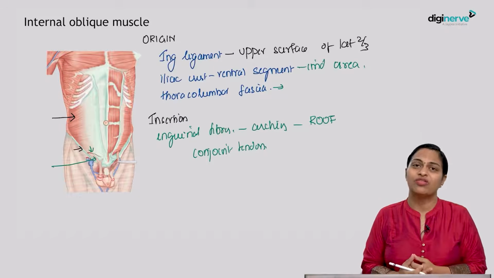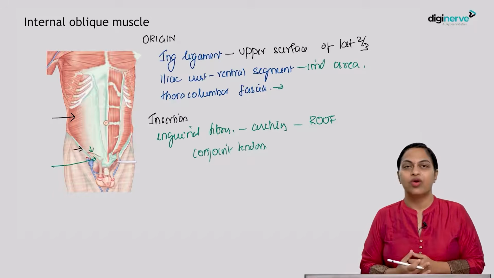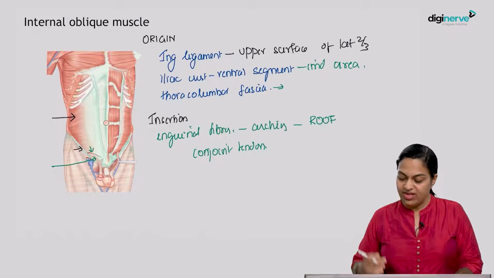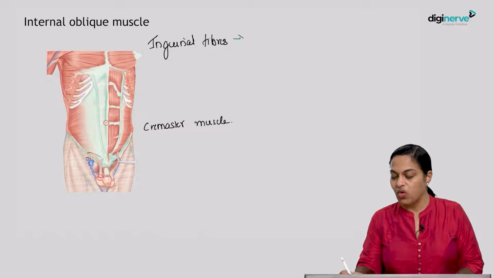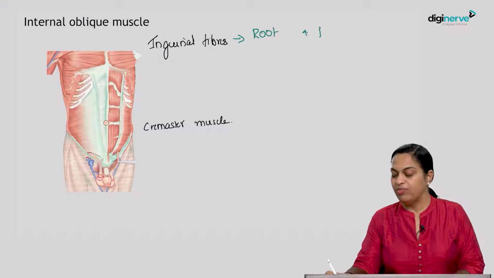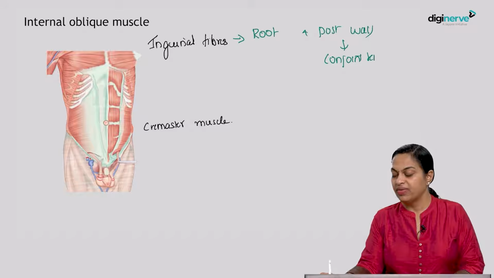The major contribution is from the aponeurosis of transversus abdominis: 2/3 is from transversus abdominis and 1/3 is from the internal oblique, right? We have seen the inguinal fibers contributing to the roof and the posterior wall of the inguinal canal through the conjoint tendon.